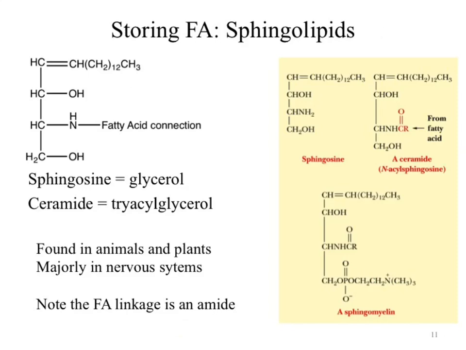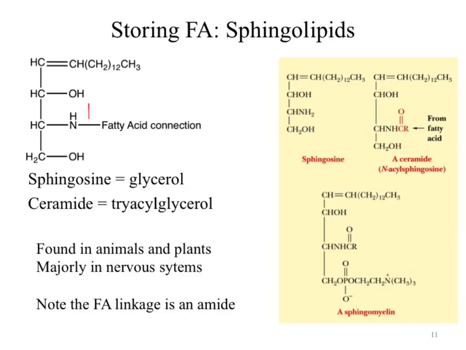In any case, what's happening is we're taking ultimately our glycerol and we again change its structure. So our sphingosine is the effective equivalent of our glycerol. Okay, so what's shown up here in the upper left is our sphingosine molecule, assuming we don't have the fatty acid connected to it.